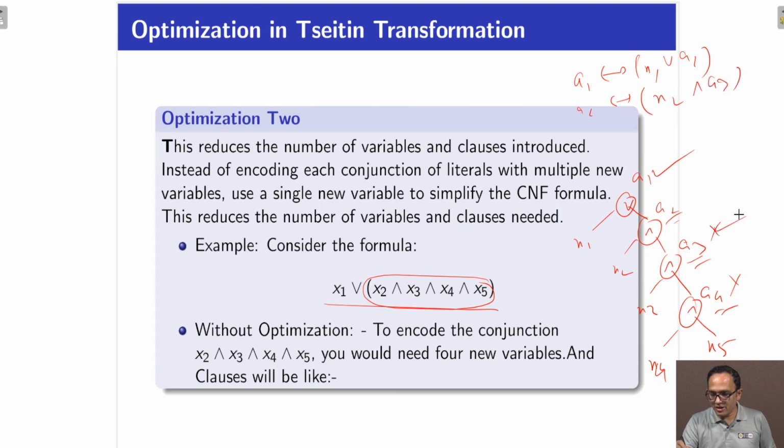Then for A3 I will get similarly x3 and A4, right, and similarly for A4, I will get A4 bi-implication x4 and x5. So, these are the clauses I will get, and then if I convert them into CNF, I will get the corresponding form, right.